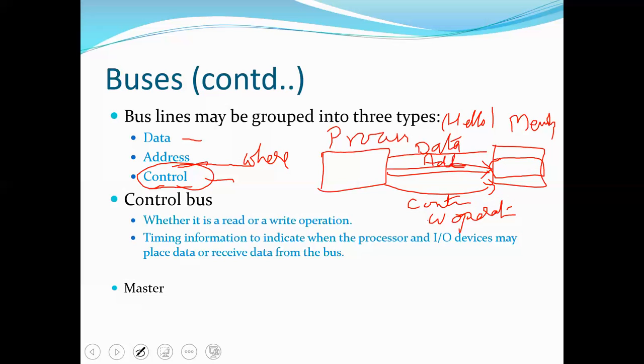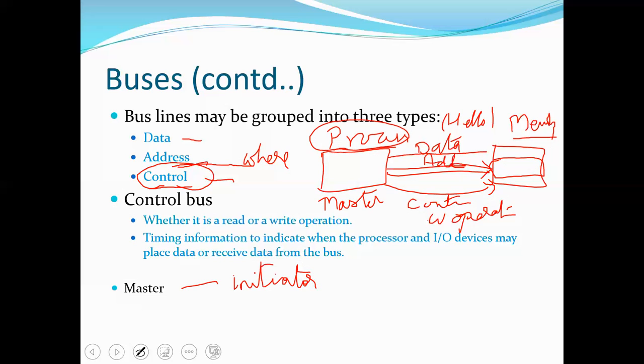Right. Suppose here there are two devices, the processor and memory, which we had taken. The device which initiates the action is called the master, or the initiator.